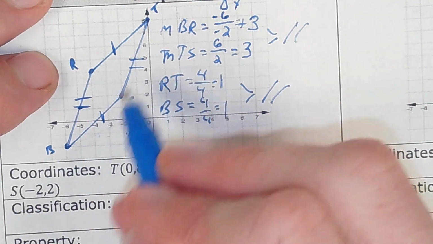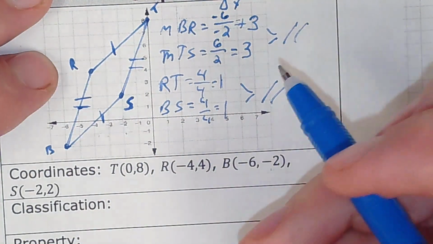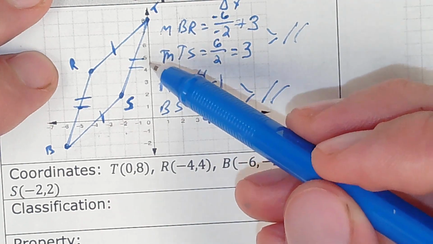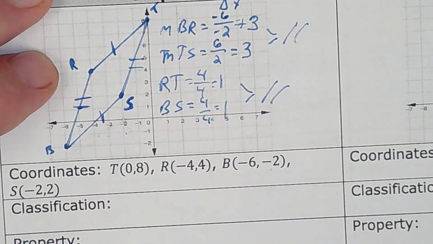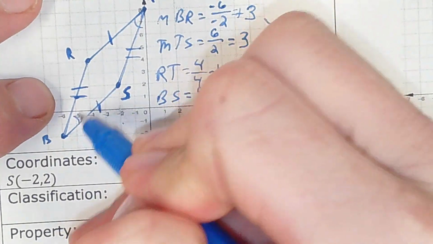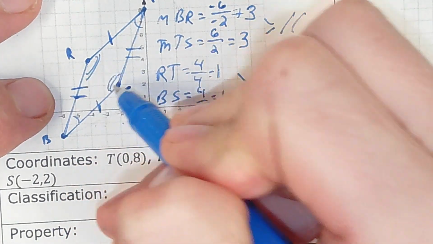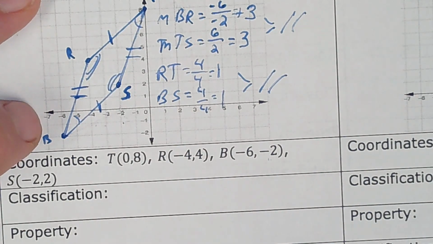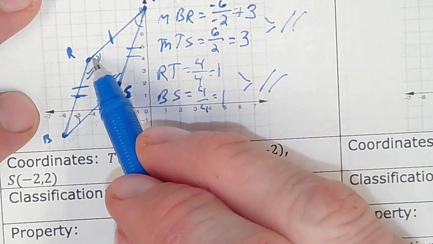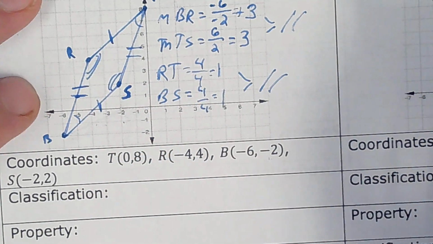I know that this and this will be congruent, and this will be congruent, but that's neither here nor there. But I need to know if RT and BR are congruent.